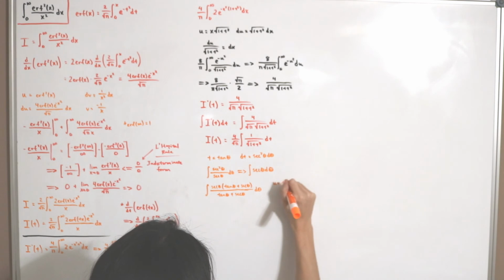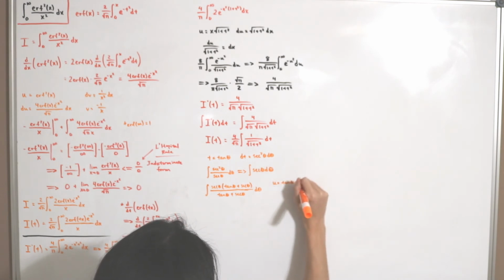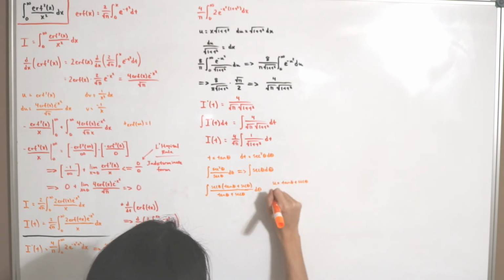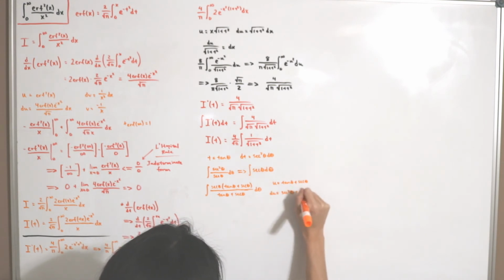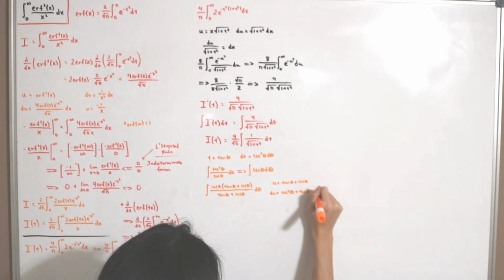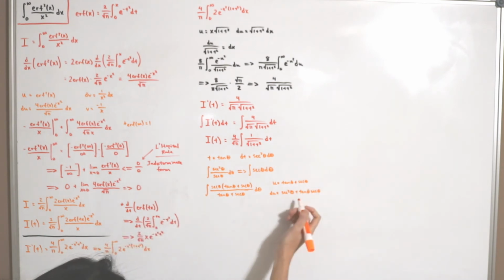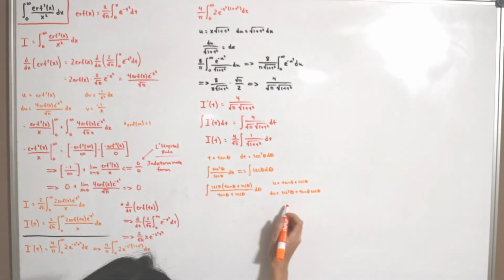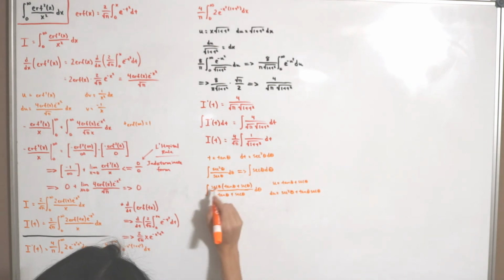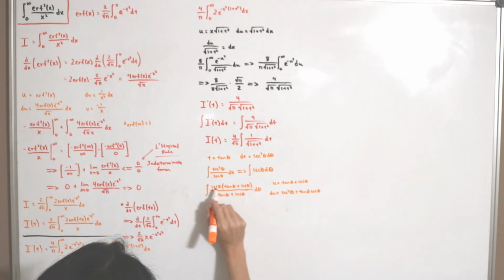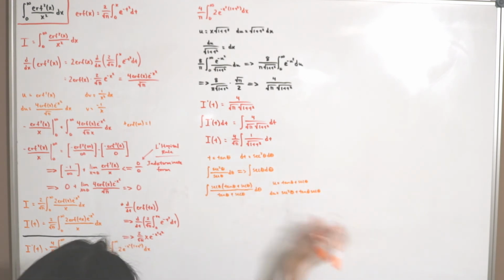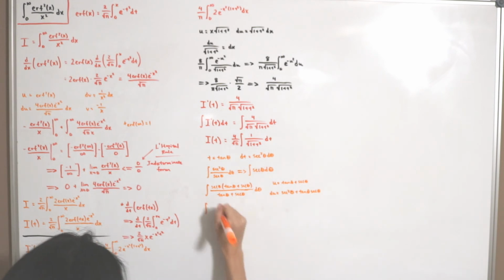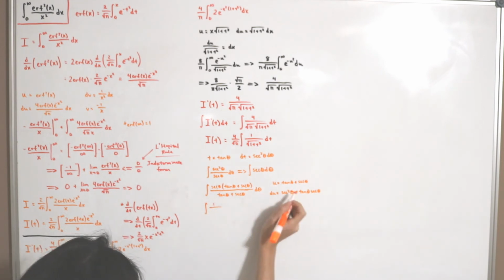So u equals tangent theta plus secant theta. Then du is equal to secant squared theta plus tangent theta secant theta. Then we just plug in the pieces. Because if you distribute, you get secant theta times tangent theta, which is this, and then secant times secant squared theta. So the numerators cancel, and we're just left with 1 divided by what we have set for u.